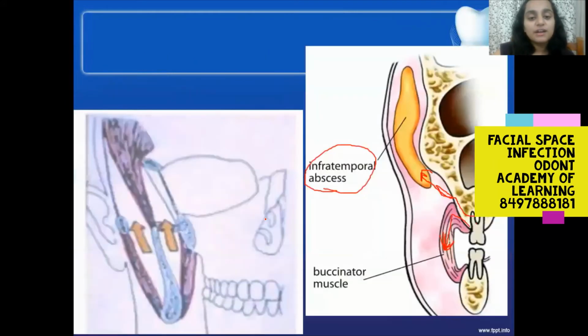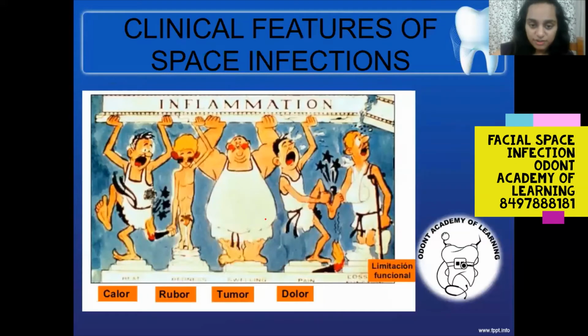Now that we have done all the three space infections, there is a common clinical manifestation of any of the facial space infection. That is the cardinal signs of inflammation. First is calor, that is nothing but warmth or heat.